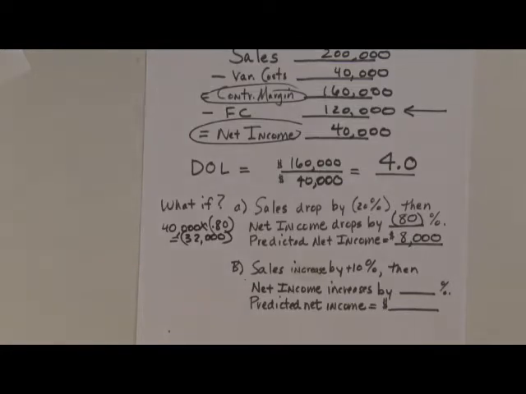So we went from $40,000 in profit to $8,000 by a 20% drop in sales, which equates to an 80% drop in net income.